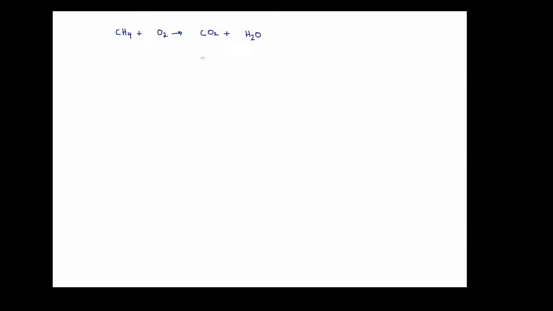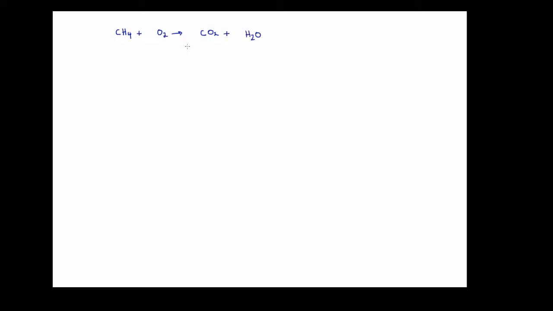The first step in this process is to utilize oxidation numbers and charges to figure out which components are being oxidized and which components are being reduced. So what we're going to do is walk through the chemical equation and establish oxidation numbers for all of the elements that are in the equation.